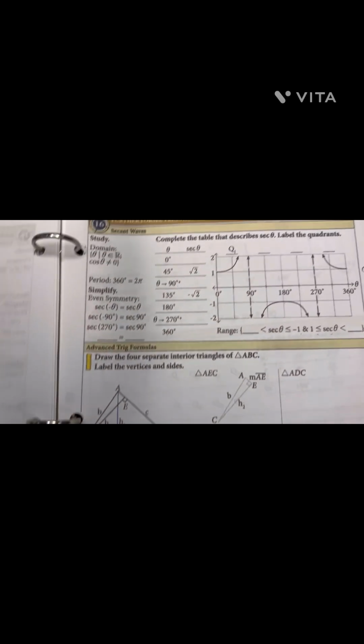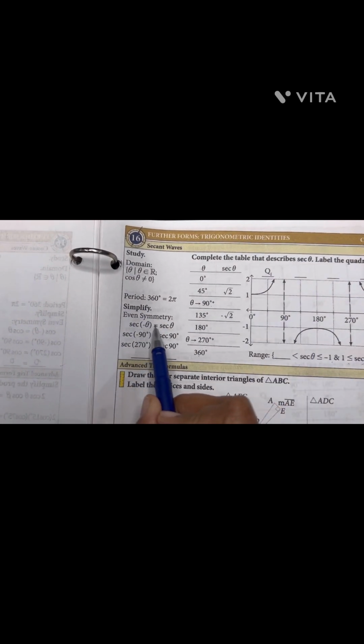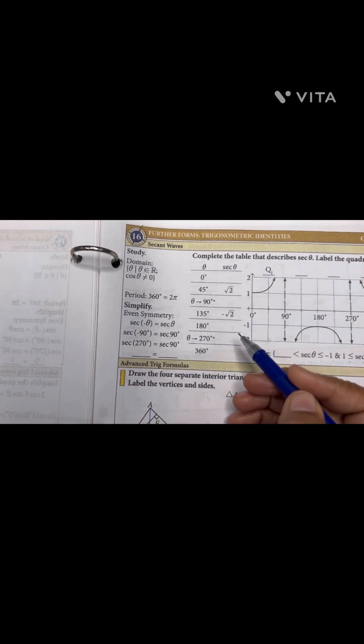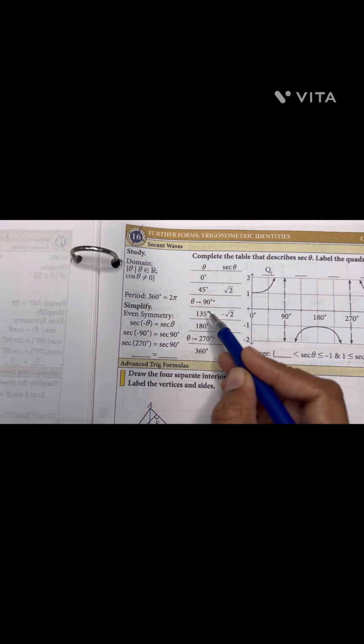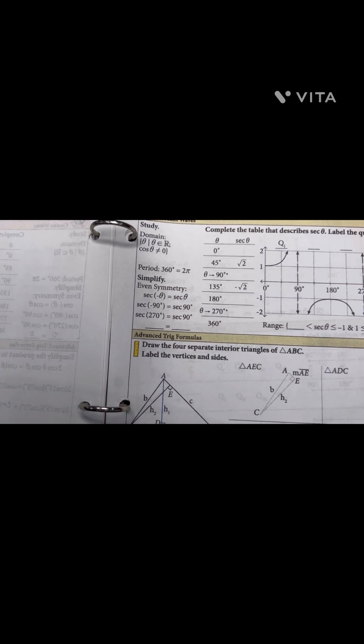Down to our last page, and we are at secant waves. Secant is the inverse of cos. Again, it's even symmetry. Again, secant of negative theta is secant theta. So I'm going to just go ahead and write, so you know, for secant theta, let's just look at our table here. I'm on chart 4, C16.4.